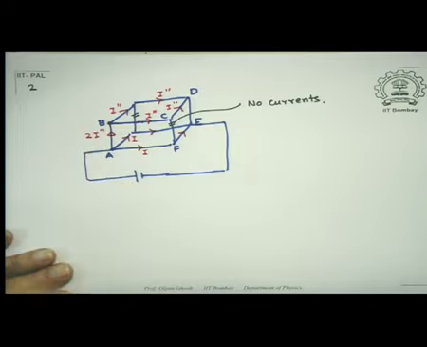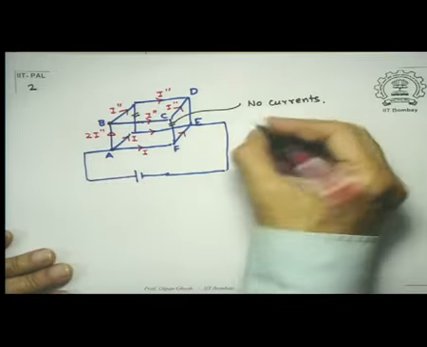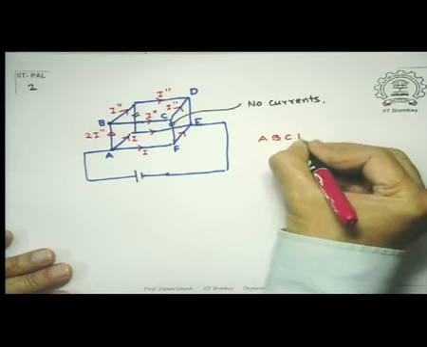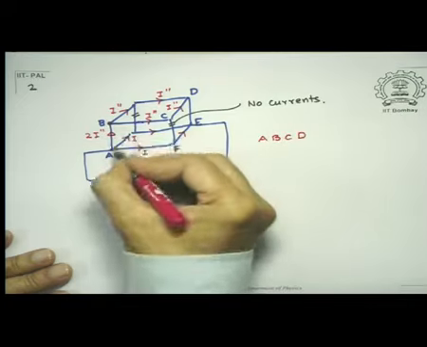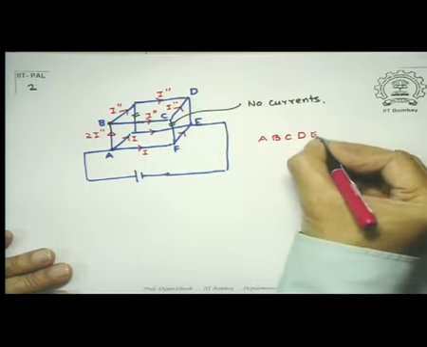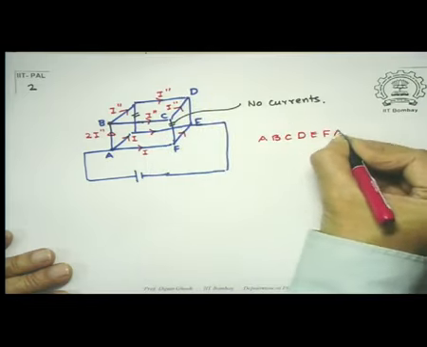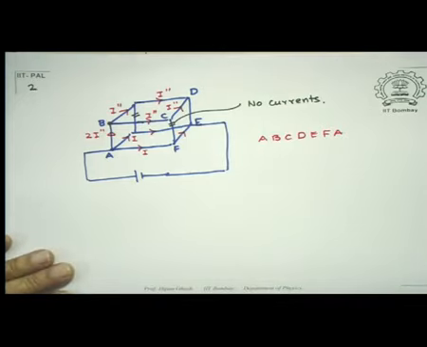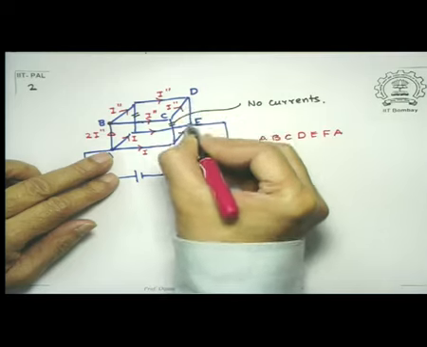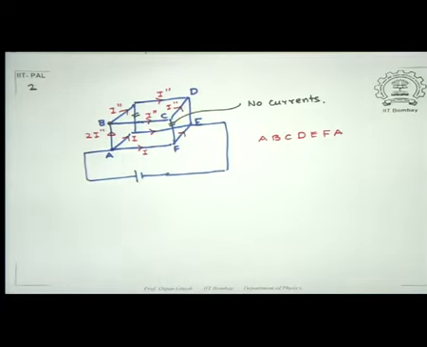Now if I take a path A, B, C, D, this path, here, here, here, then E, F and A, that's a closed path, and I apply the voltage rule there.